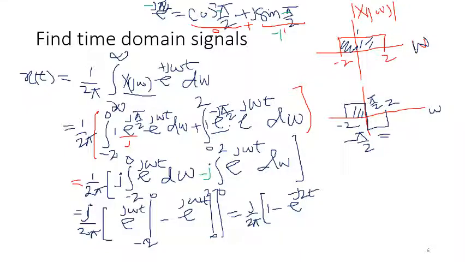Then we have minus, where the upper limit is 2, so it's e power j 2t, and the lower limit is 0, which results in 1. This is minus, so if I remove the bracket, minus and minus becomes plus, so I have 1 plus 1, which gives 2, and e power j 2t. Both are minus, so I take the minus sign common, so I get something like j over 2 pi.